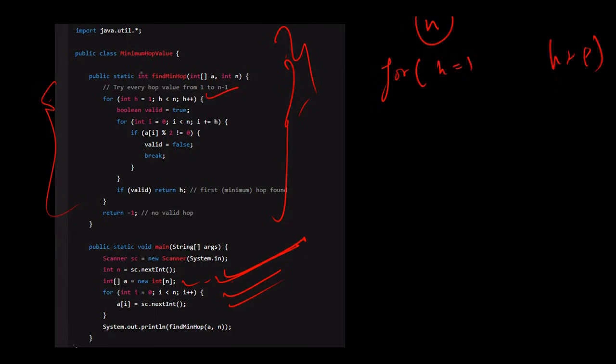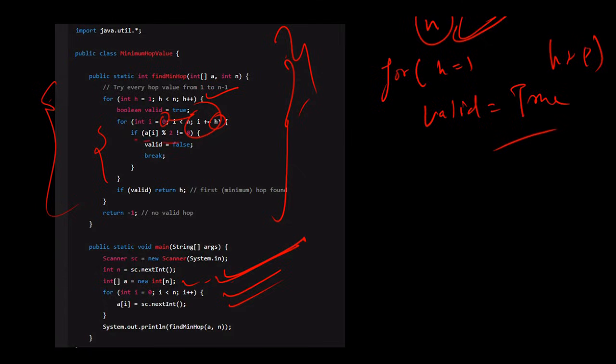Then boolean valid is true. Then we check starting from index 0, because we need to start from index 0, and with index 0 we move forward till the last index, adding h in our loop, because whatever the hop value is, we increment the index depending upon that.